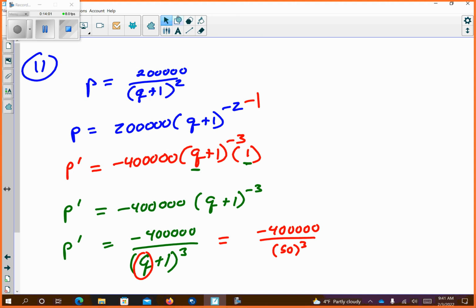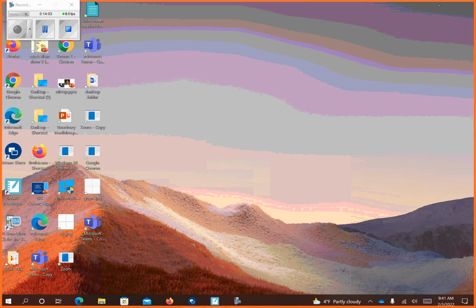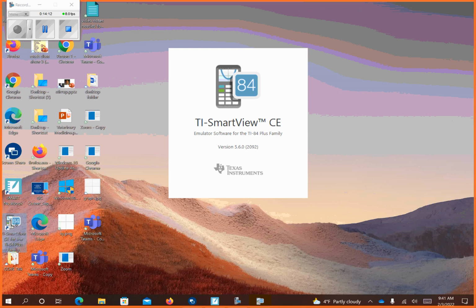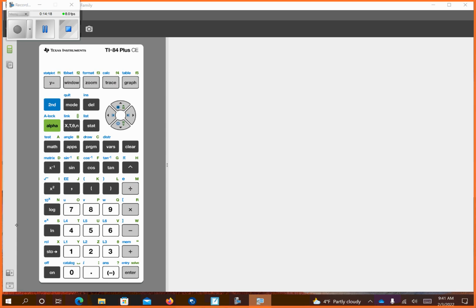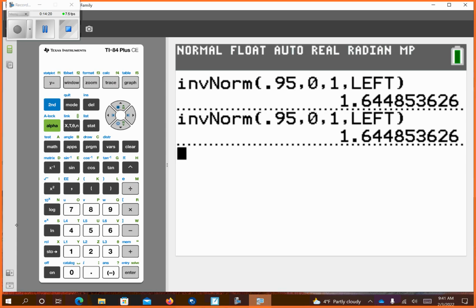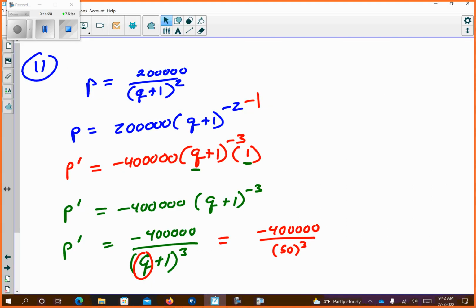Now I'm going to go to our graphing calculator because Stirrup's not going to do that in his head. So negative 400,000 over 50 to the third.